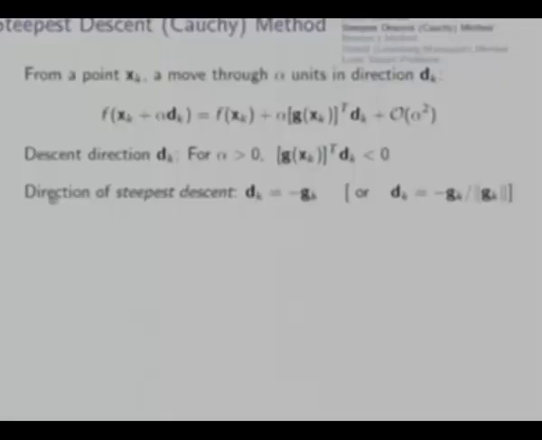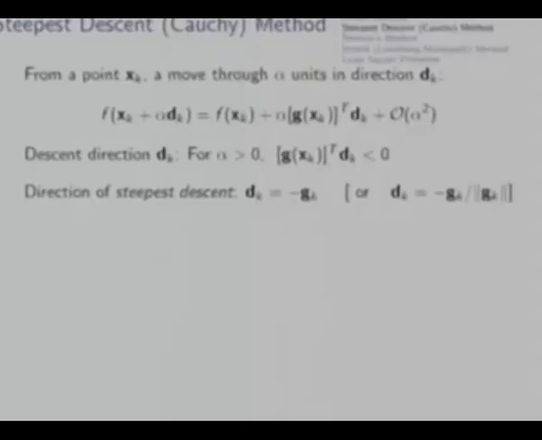That direction of steepest descent, that is fastest decrease, is the negative gradient. You can take minus gk, the negative of the gradient vector, or the unit vector along that direction, it does not matter. If you select that direction, then the corresponding method is called the method of steepest descent or Cauchy's method.